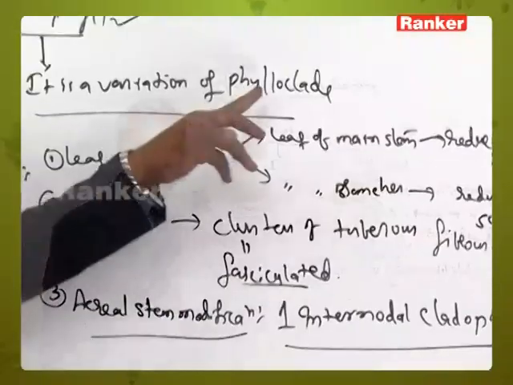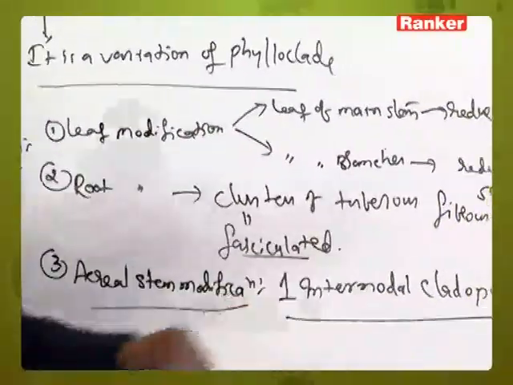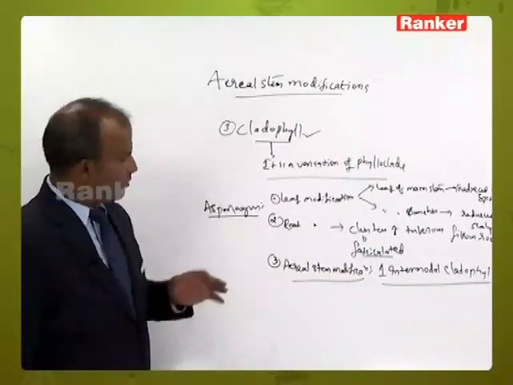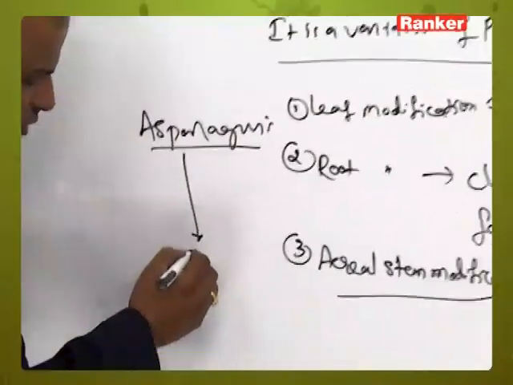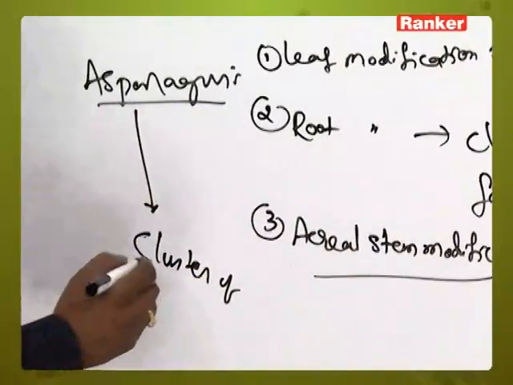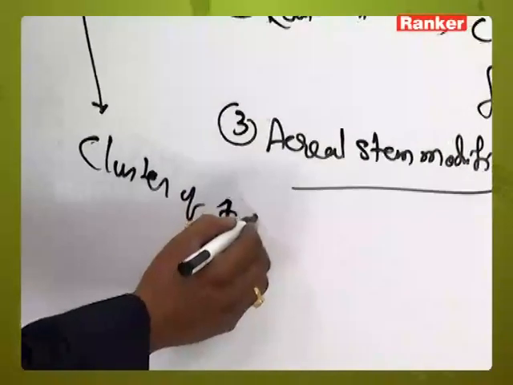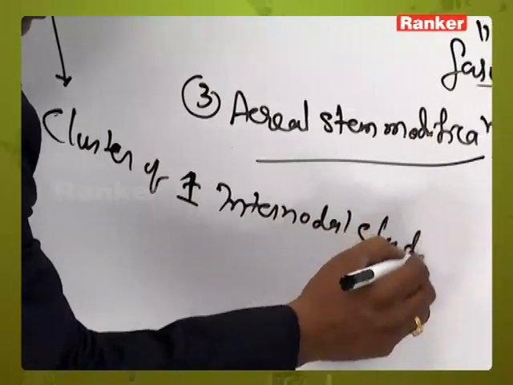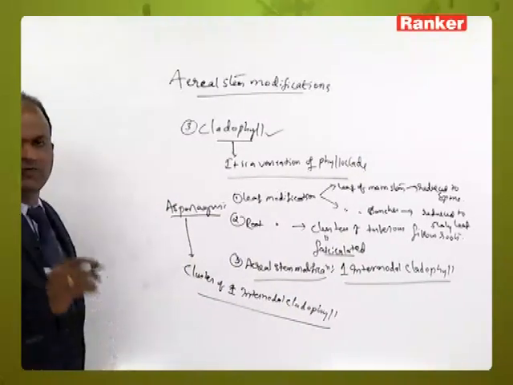It is a variation of phylloclade. Does it show one internodal cladophyll? Yes, it shows one internodal cladophyll. That means in this asparagus, a cluster of one internodal cladophylls can be seen.